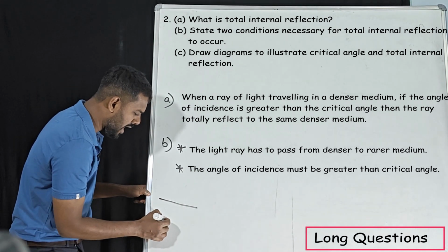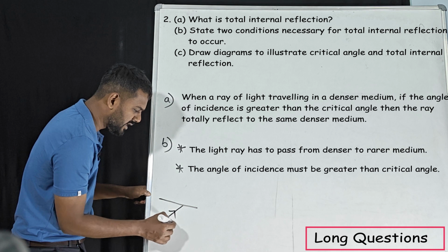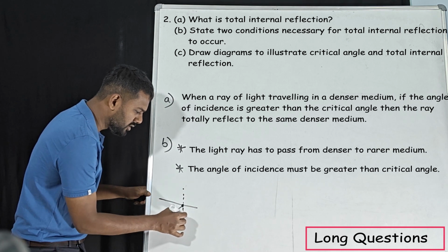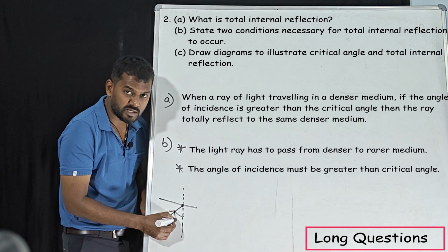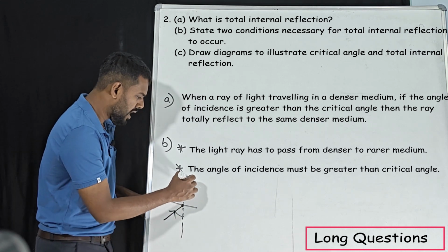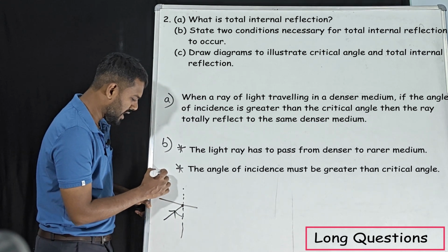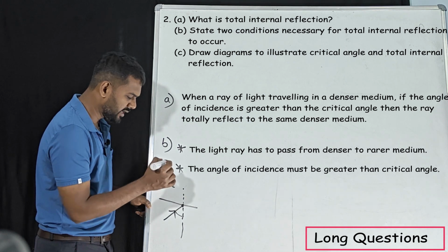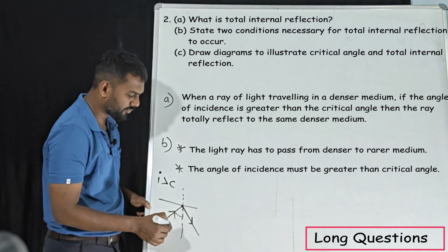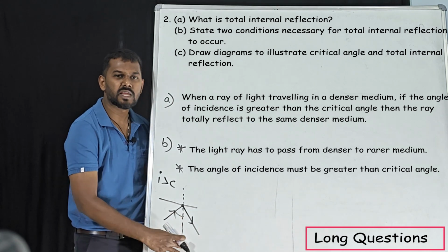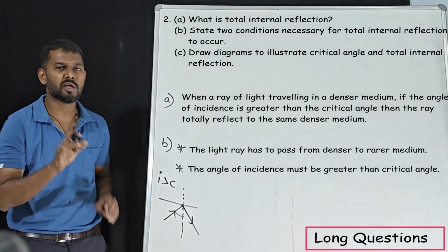Write the surface, then this is the incident ray. At this point you have to draw the normal. When the angle of incidence i is greater than the critical angle, it undergoes total internal reflection. It goes back into the same denser medium. This is the diagram they are looking for.